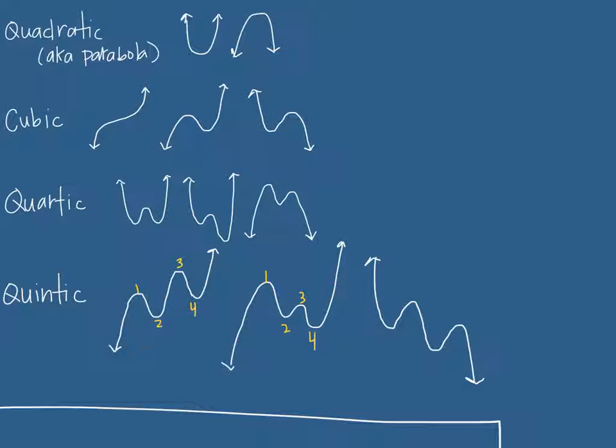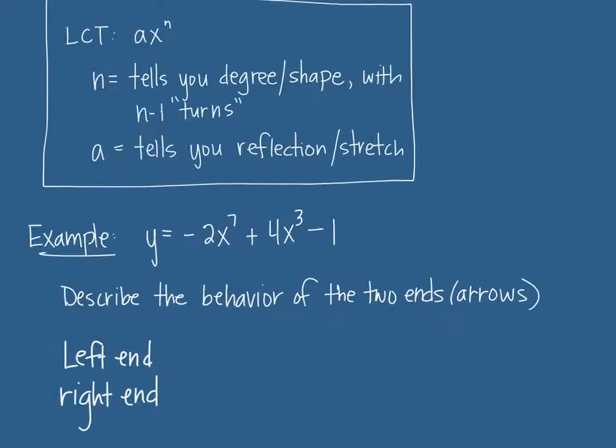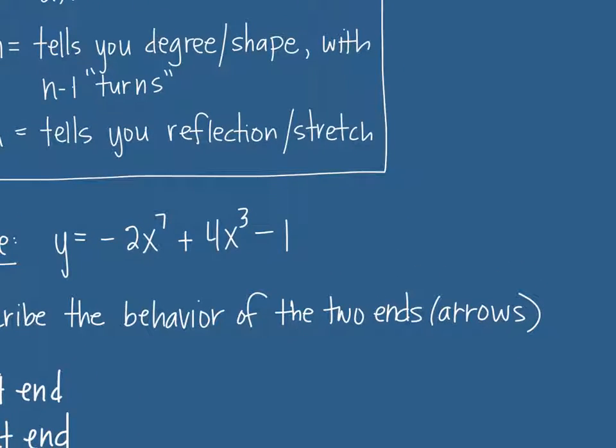They start and then you start counting their turns. You kind of picture this in your head: 1 turn, 2 turns, 3 turns, 4 turns, 5 turns, 6 turns, 7 turns. Except it's got a negative, so then it's just going to be upside down.